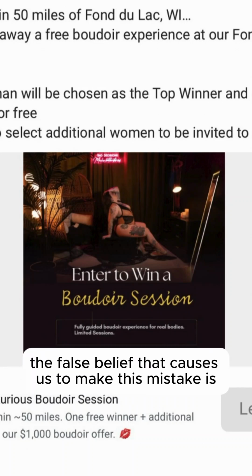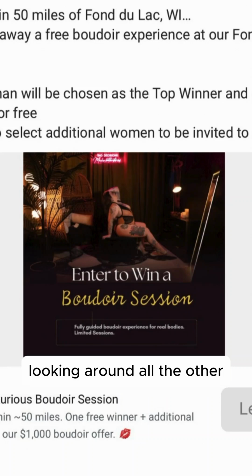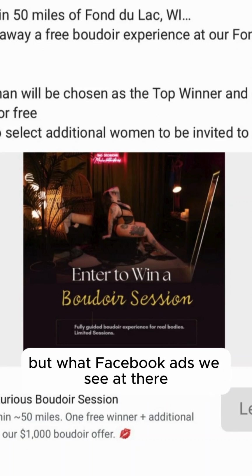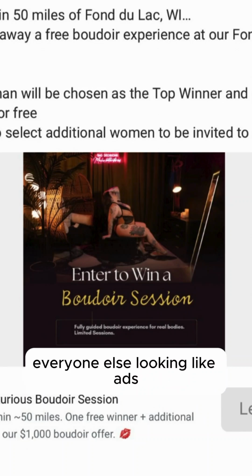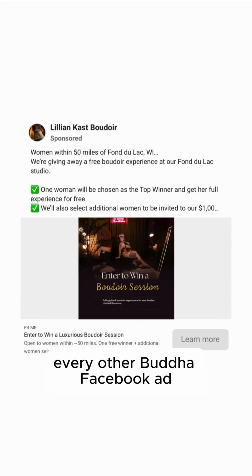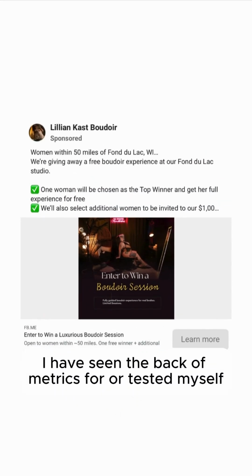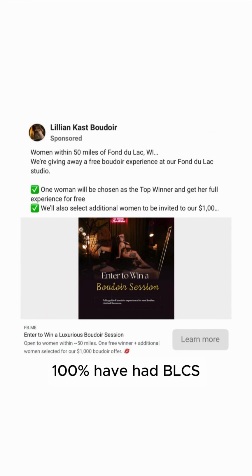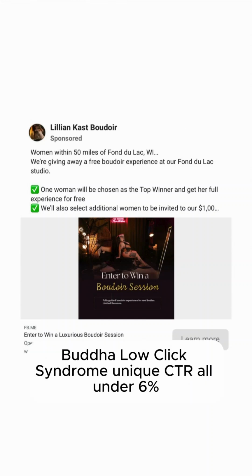The false belief comes from looking around at all the other boudoir Facebook ads we see out there, everyone else looking like ads. Their ads look like ads. And guess what? Every other boudoir Facebook ad I have seen the back end metrics for or tested myself 100% have had BLCS, boudoir low click syndrome, unique CTR under 6%.